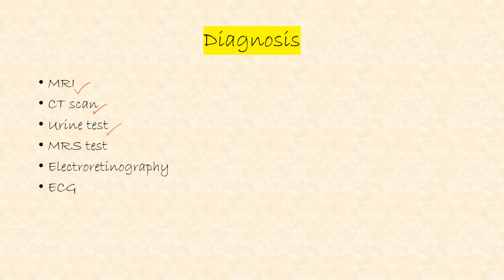The third one is the urine test, and the fourth one is the MRS test, which means magnetic resonance spectroscopy, also known as NMR spectroscopy. The fifth one is electroretinography, and the sixth one is the ECG, the electrocardiogram.